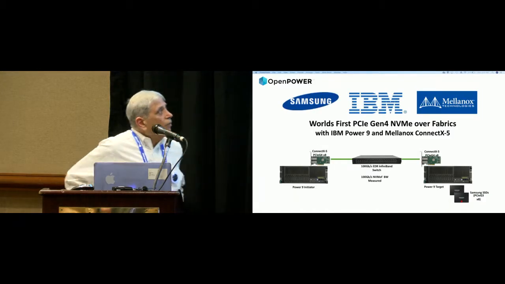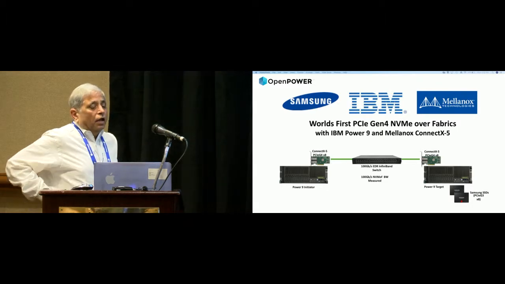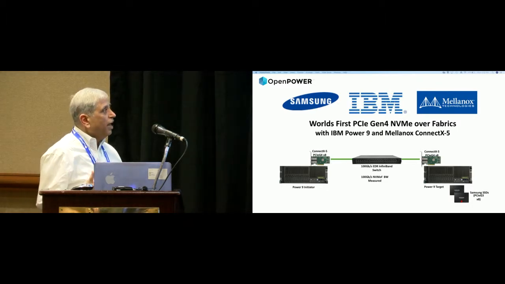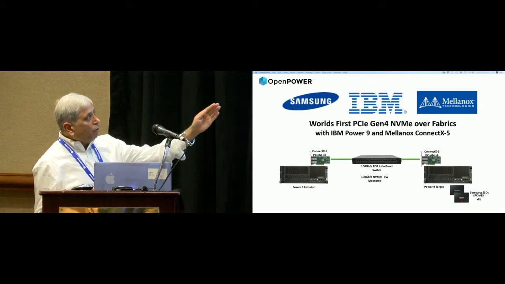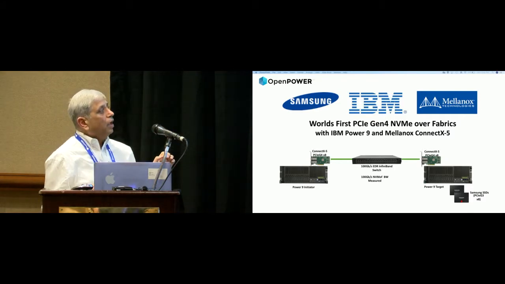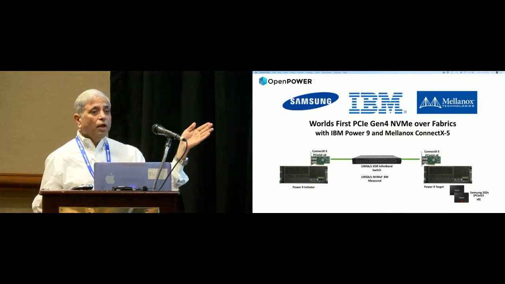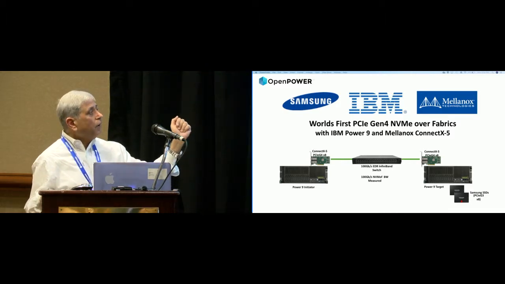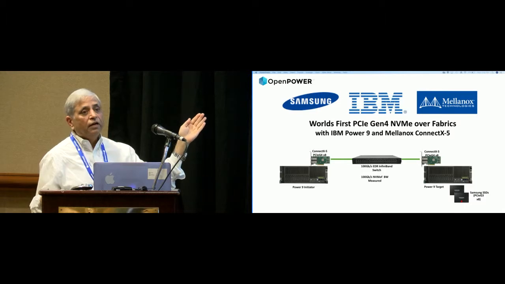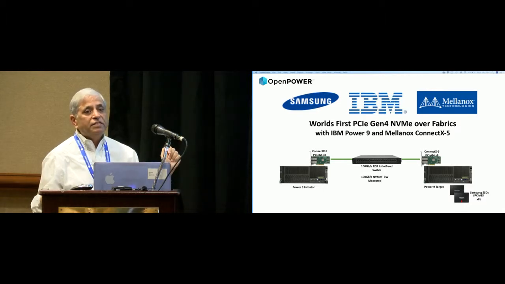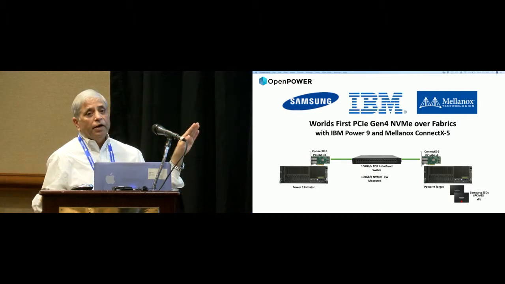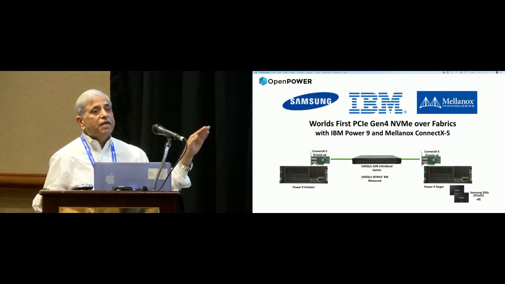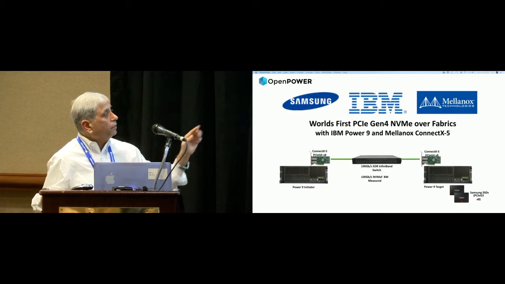So this is the demo we did for Flash Summit. In this one, we had Power 9 servers acting as a target server and initiator using NVMe devices, but over 100 gigabit Ethernet and PCI Gen 4 networking adapters on both sides.